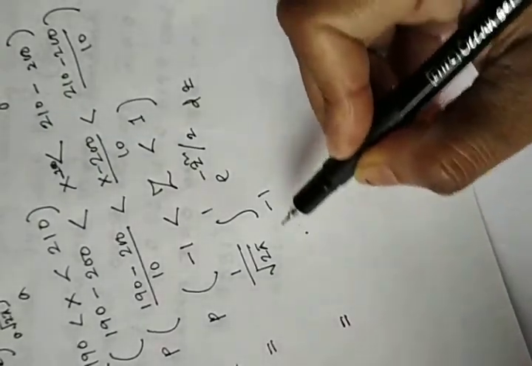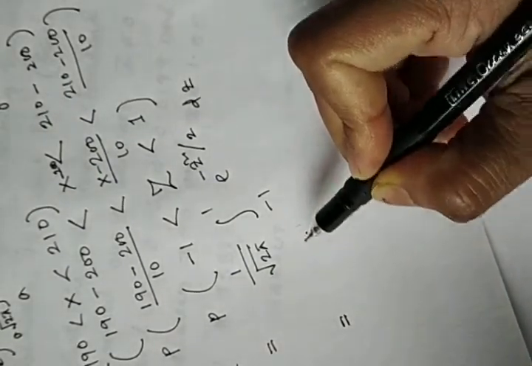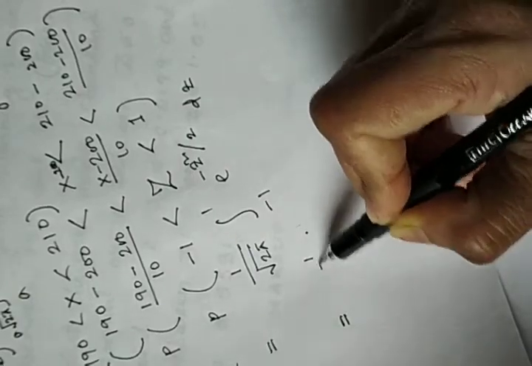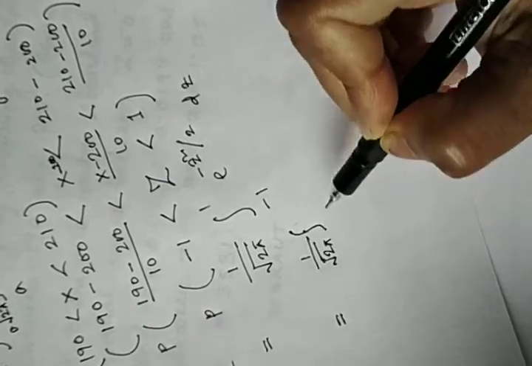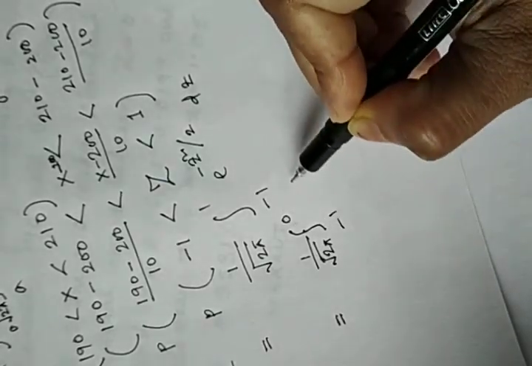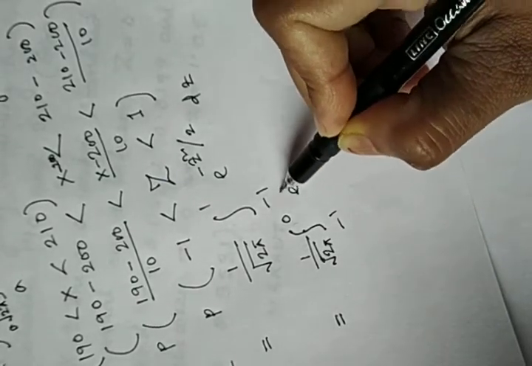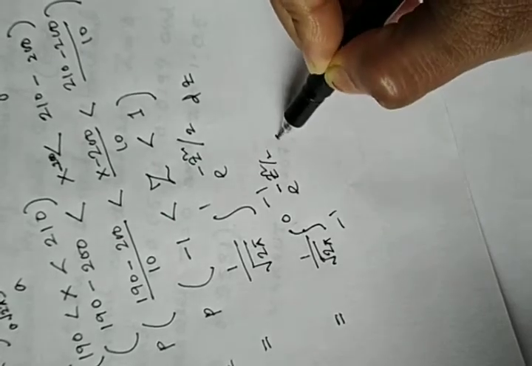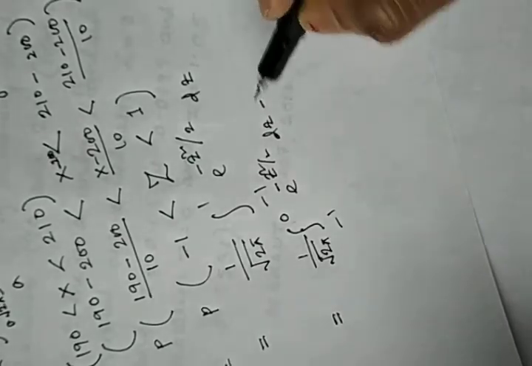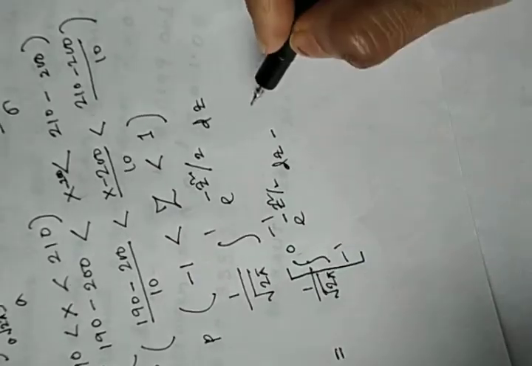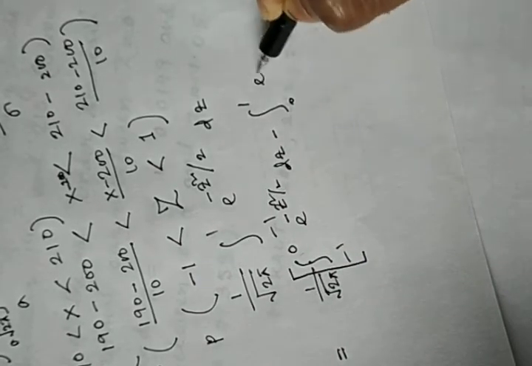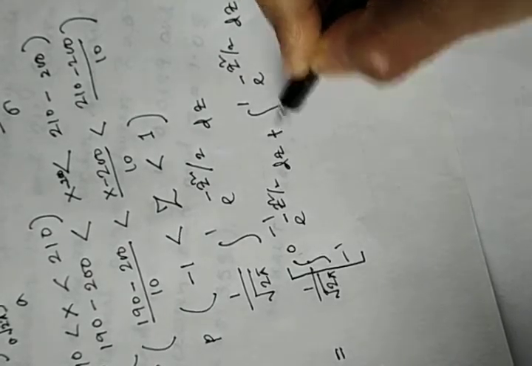So let us write this as 1 by root over 2 pi integral minus 1 to 0 of e power minus z square by 2 dz, plus, taking 1 by root over 2 pi as common, integral 0 to 1 of e power minus z square by 2 dz.